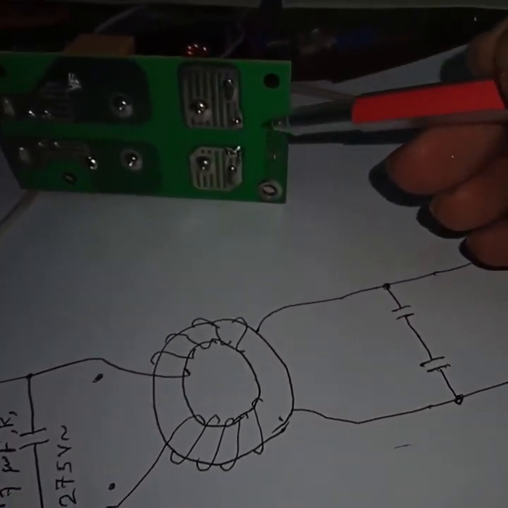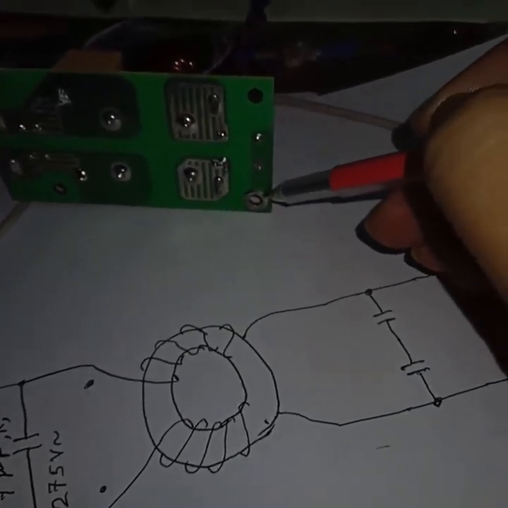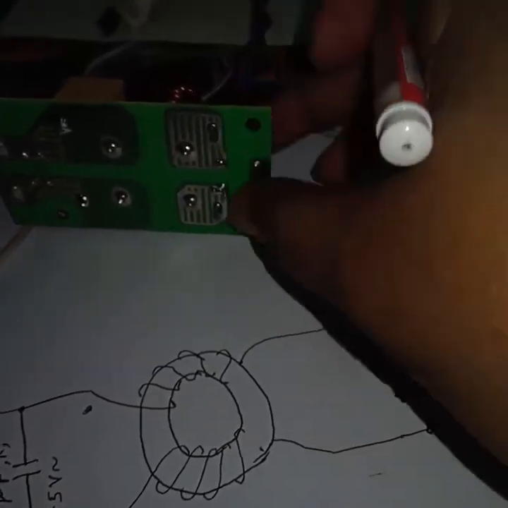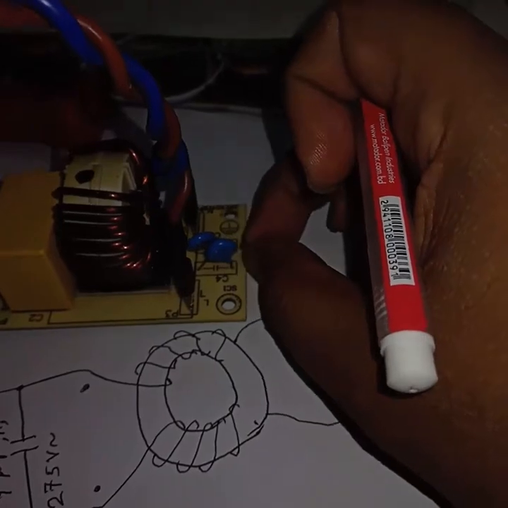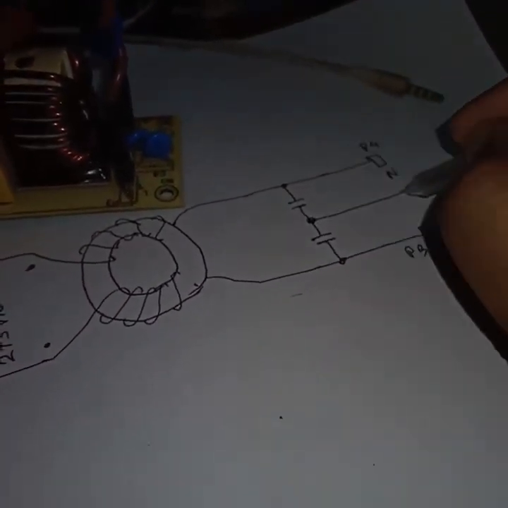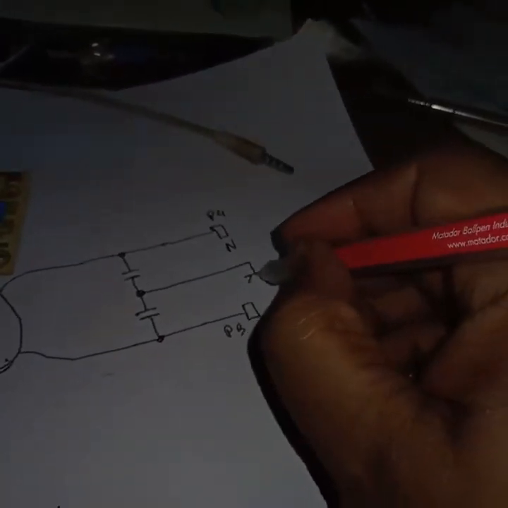One terminal is here but another terminal is here, and this one is chassis or UPS body screw. By using one screw, these two capacitors are connected with the body. So this terminal is our body.